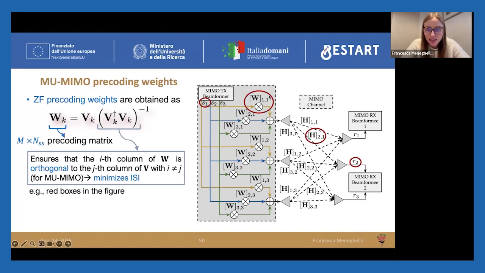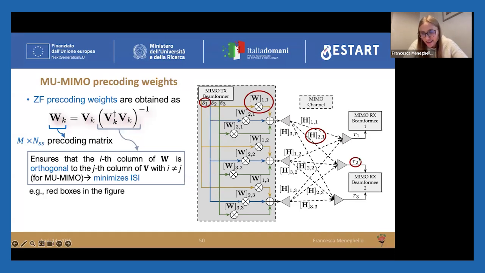So to make an example, here we have this spatial stream S1 that is transmitted through the first antenna with a combination factor that is W11. This factor is selected through this procedure in such a way that it cancels out with this channel gain.